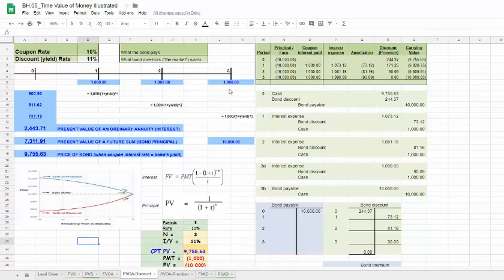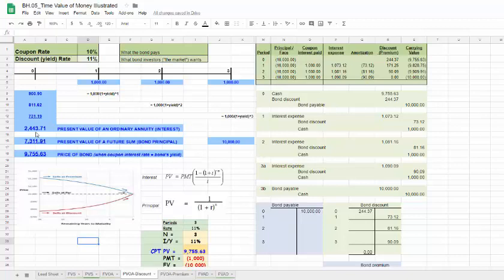And the third $1,000 payment would be divided by 1.11 cubed. That results in $731.19. Add these three present values together and it accumulates to $2,443.71 as the present value of the interest on the bond.